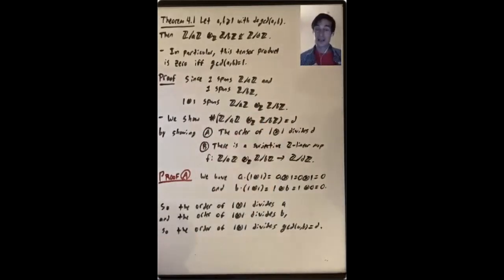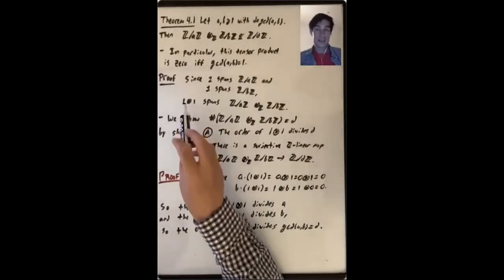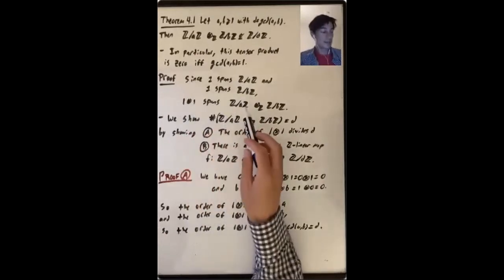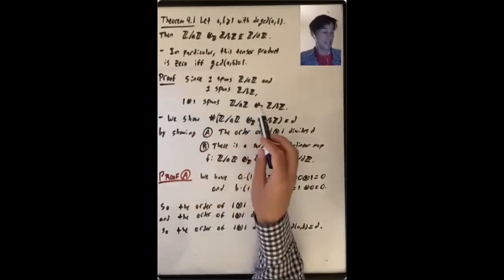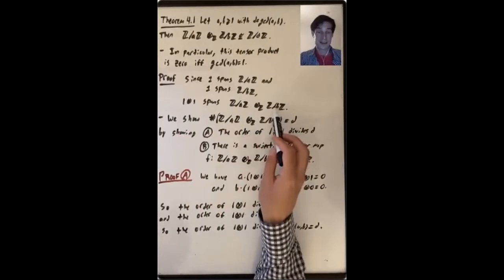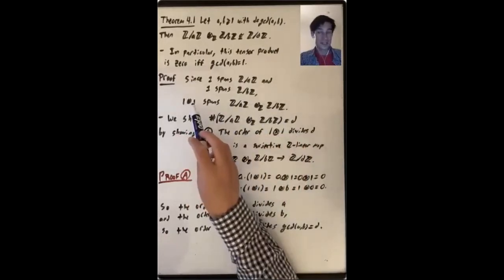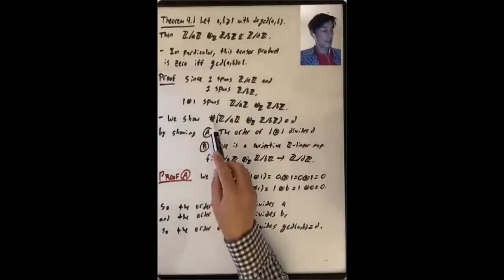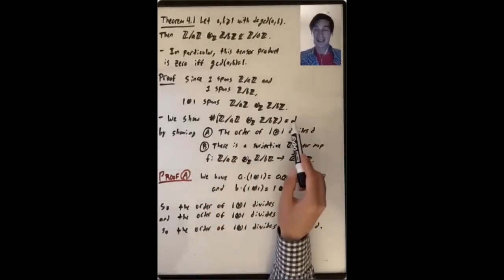And this result that we proved earlier, that if you have a spanning set for M and a spanning set for N, you get a spanning set for M tensor N, shows that this single elementary tensor, 1 tensor 1, spans the tensor product Z mod AZ tensor Z mod BZ. So we know that this tensor product is a cyclic group. We just have to determine the size of this group, and we're going to show that the size is equal to exactly D.